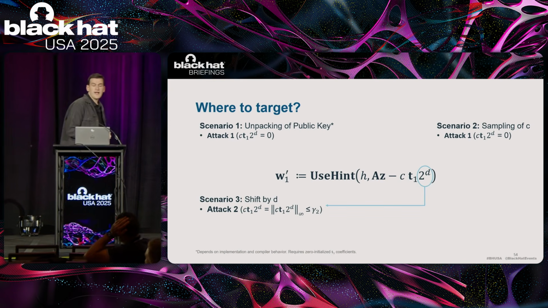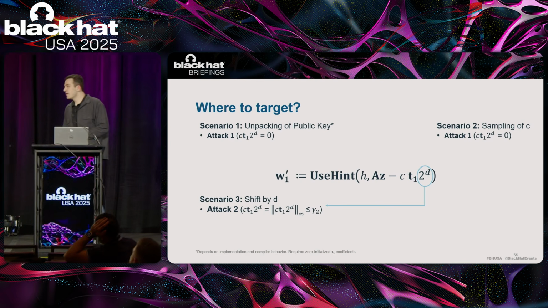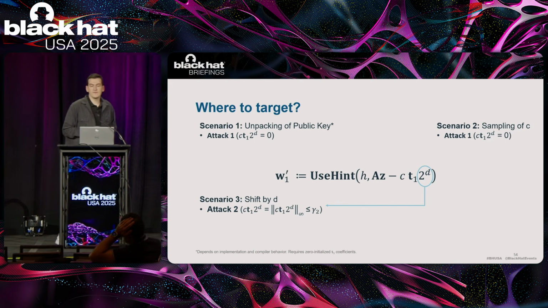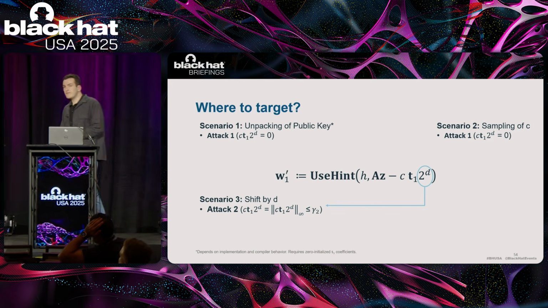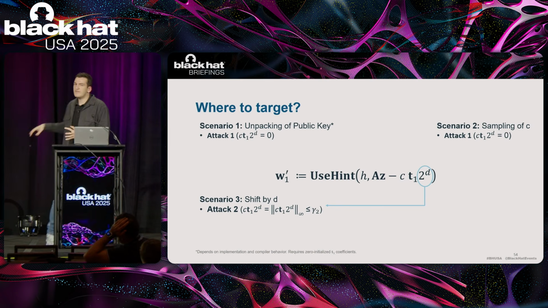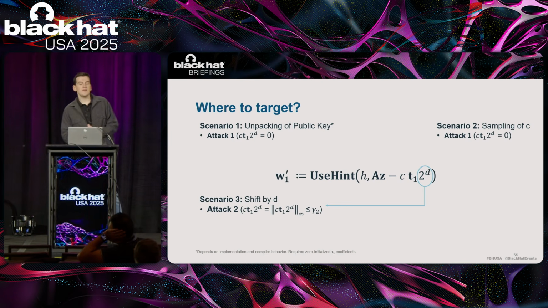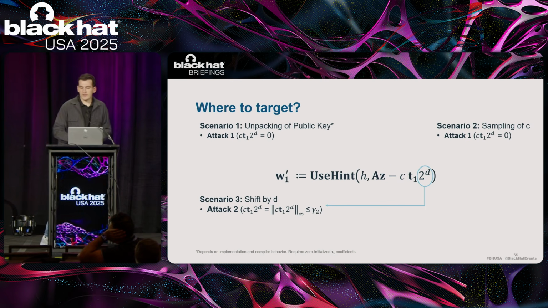For scenario 3, we can also attack the shift by d process. In the original, d is equal to 13, so it's shifted 13. If we can set this value lower than 4, or if we can skip the whole shifting process, then the value of c·t1·2^d will become smaller than gamma 2, which enables attack 2.